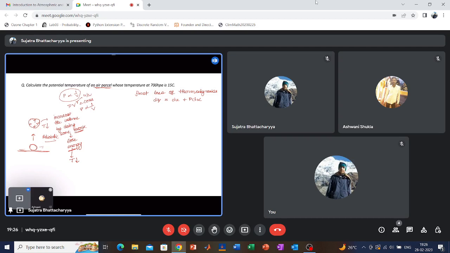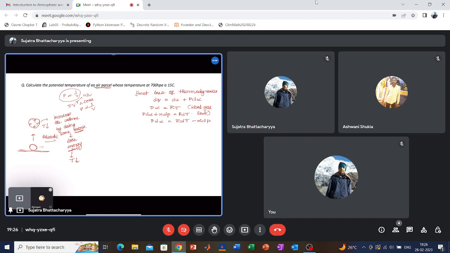Now we know that P alpha is equal to RT by the ideal gas law. Right? P alpha is equal to RT. Now if we differentiate it, P d alpha plus alpha dP is equal to R dT. Now what I do is that P d alpha is R dT minus alpha dP.